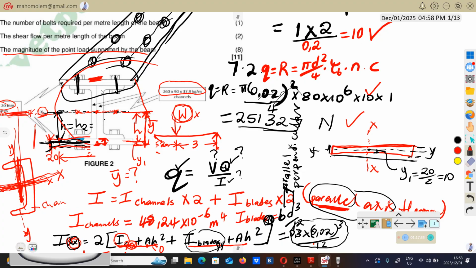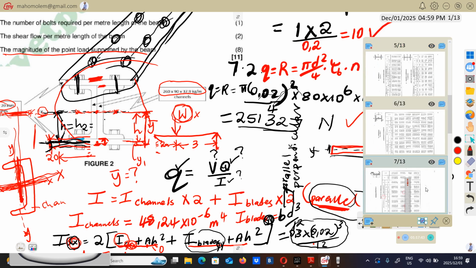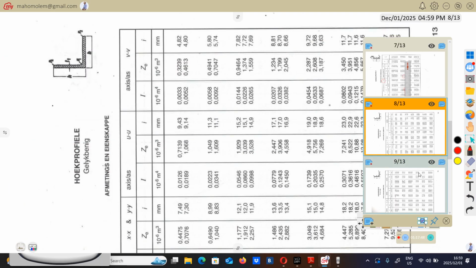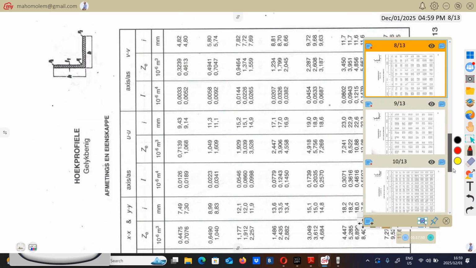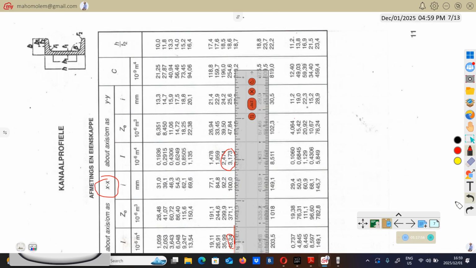This height from here to there, you will get from the steel table.